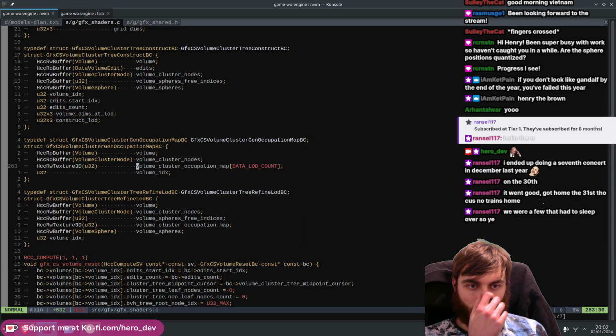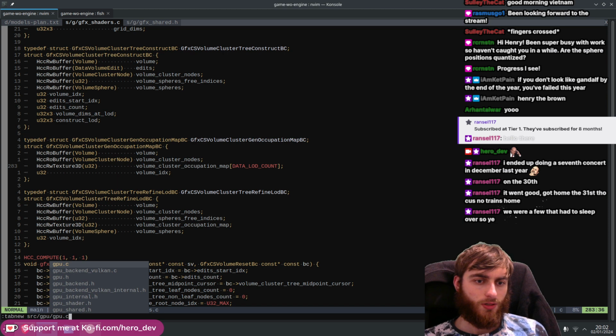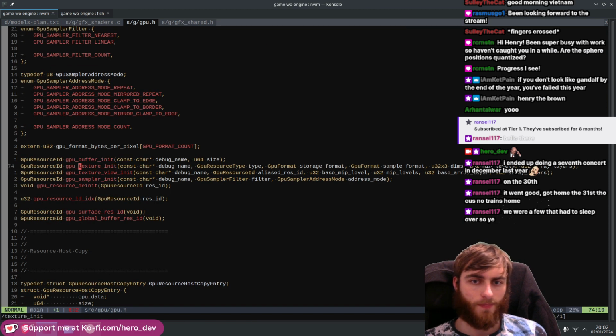Aha, LOD count. That's a bunch of these guys. What did I do with my... Did I do a way where I could just add numbers? Can I check my GPU thing? Texture init. Yeah, I think it linearly allocates them so that they can just be addressed.